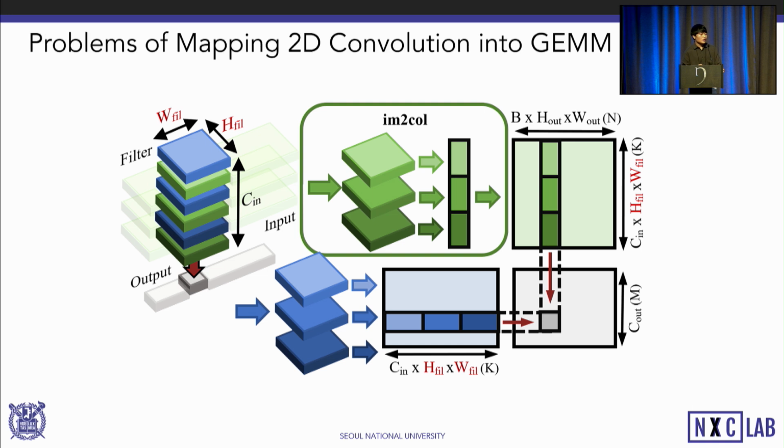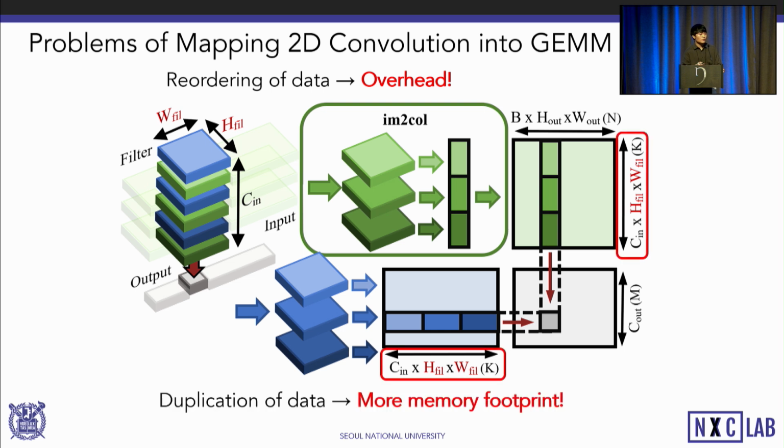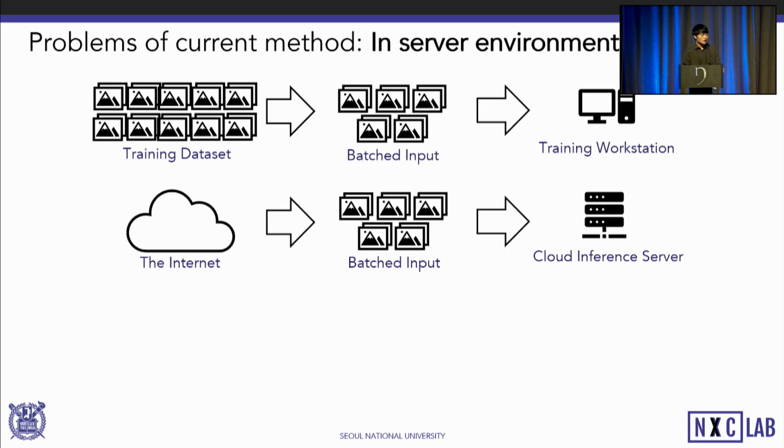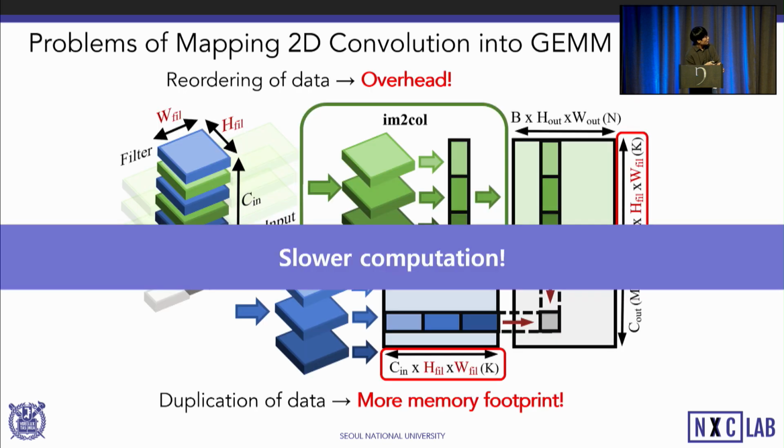However, this approach of mapping tensors into matrices requires the reordering of data into matrices, and also duplication of data for correct computation. This causes overhead and also increases the memory footprint, which ultimately leads to slower computation, due to the increased number of memory accesses per computation.